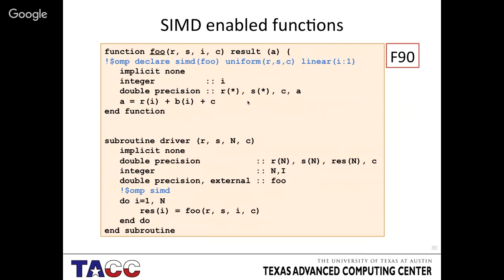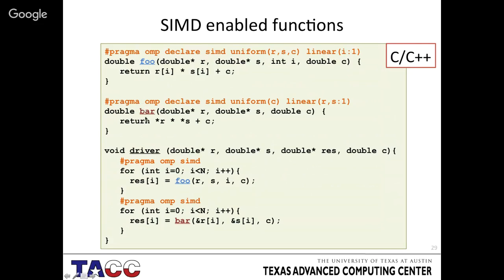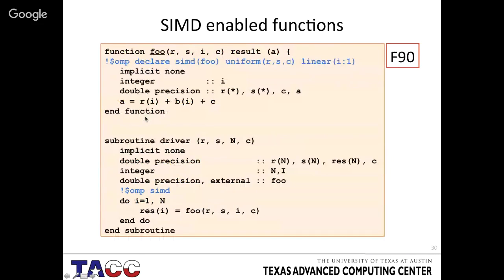And here's how it's done in Fortran. Note that in C, it's a pragma before the function, and in Fortran, it's within the function, right after declaring the function name and attributes. Then you specify the OpenMP declare SIMD, and you can use foo up here.